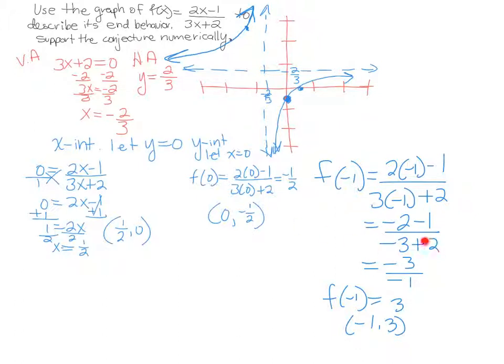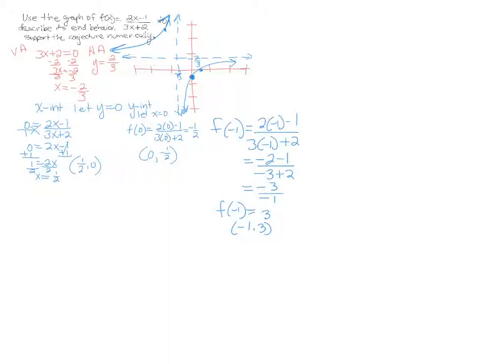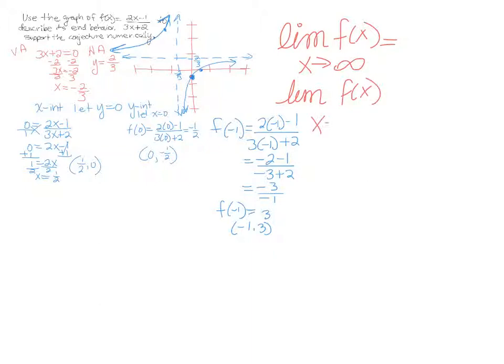I did all of this to get the graph so that I can know what the end behavior is. So the answer to this problem is going to be the limit of the function of x as x approaches positive infinity, and the limit of the function of x as x approaches negative infinity. Those are the two limits that you need to find so you can determine the end behavior.